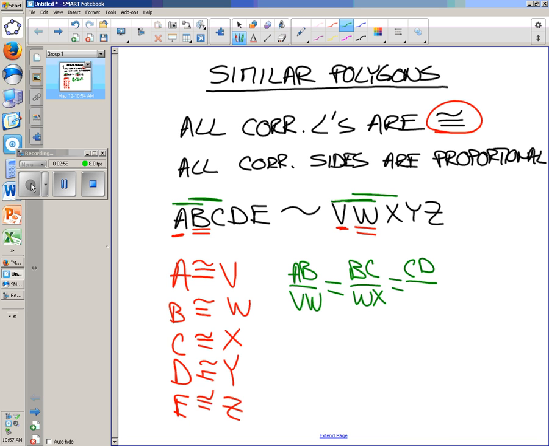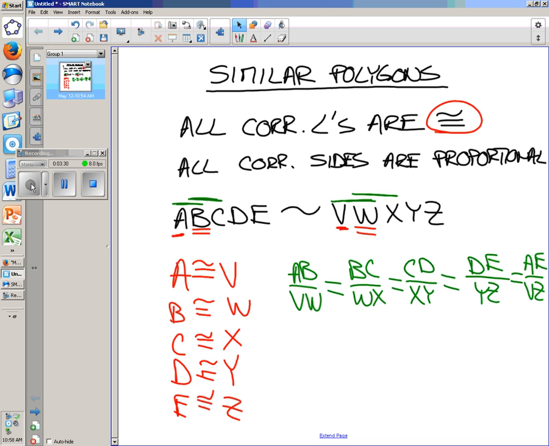CD compared to XY, which is the same thing as DE compared to YZ, which is the same thing as AE compared to VZ. Those are exactly the same ratio all the way through. Same scale factor. Now, that's the majority of Section 1.